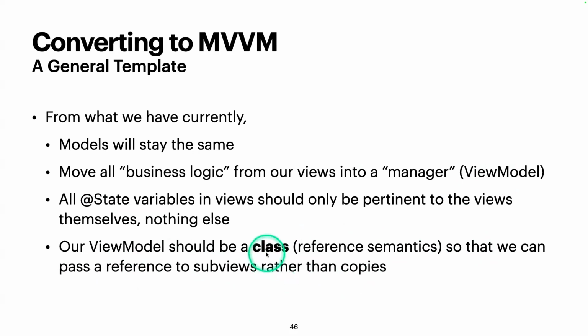If it was a struct, if we pass a view model around, it will create copies. So what that means is that your subviews might read different data than what another parent view is reading. Since we want our view model to be synced up within all of our subviews, it should be a class, not a struct.